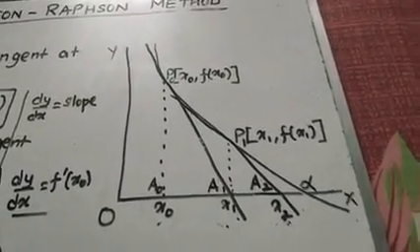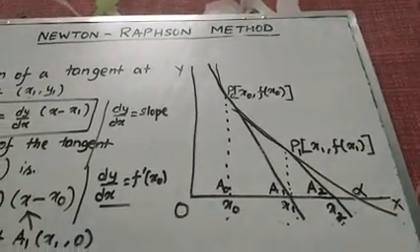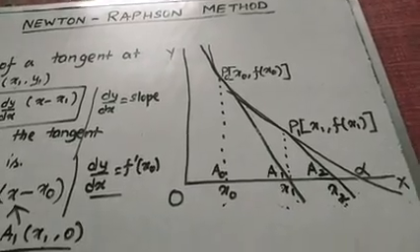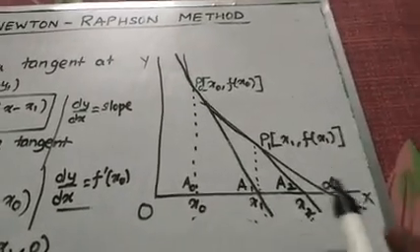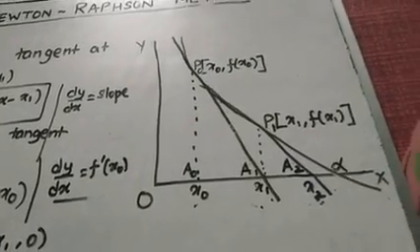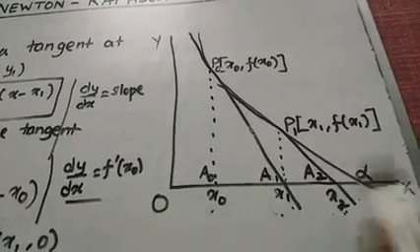That's why I'm saying that the Newton-Raphson method is the fastest method compared to bisection, regula falsi, and secant iteration, because the rate of convergence is quadratic. So that's why I say this method is the fastest one.